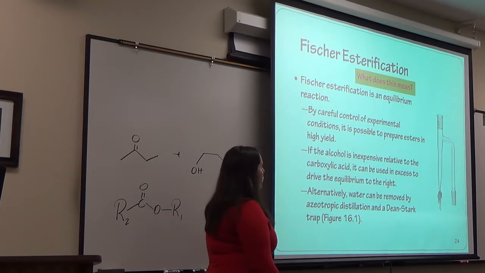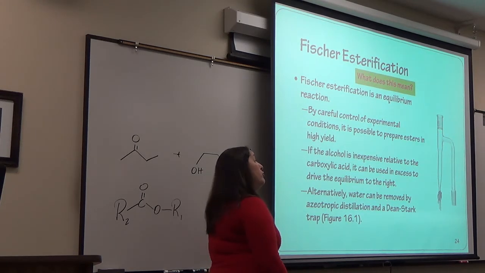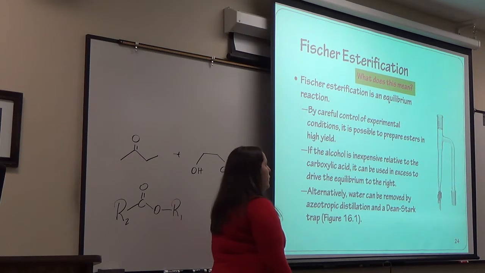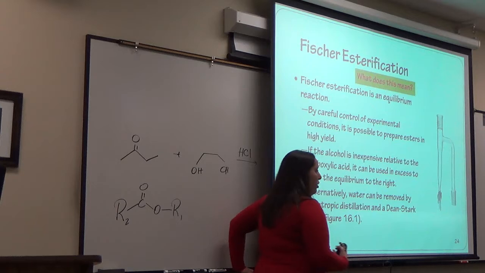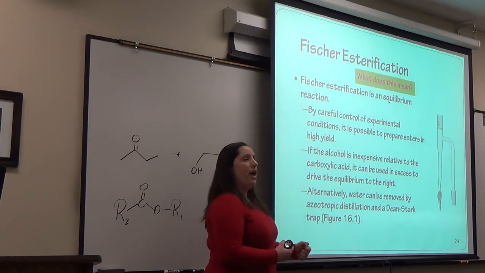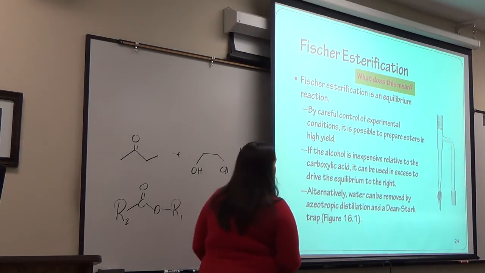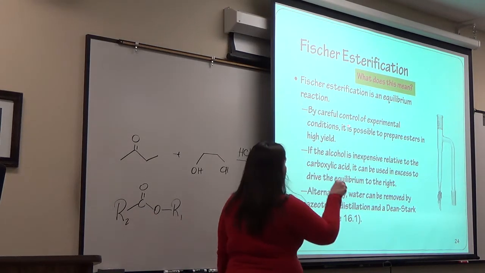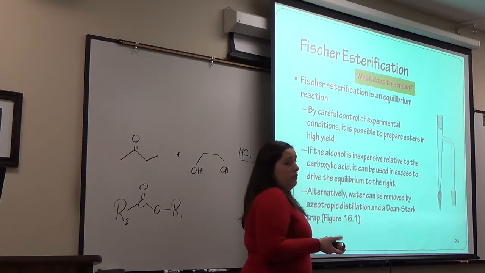So, a mouthful there. That's a glassware that we would use if we were attempting to do this Fischer esterification reaction. Again, to maximize our product production, we can remove one of the products, and that means that the reaction goes to the right. Of course, if your acid and alcohol are inexpensive, you can always increase the amounts of the starting material.